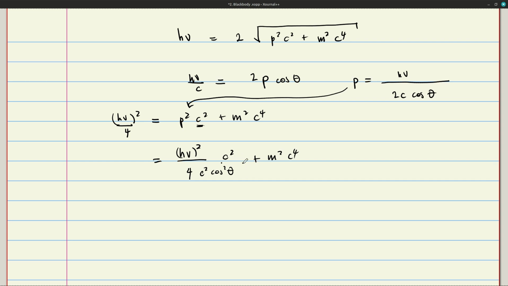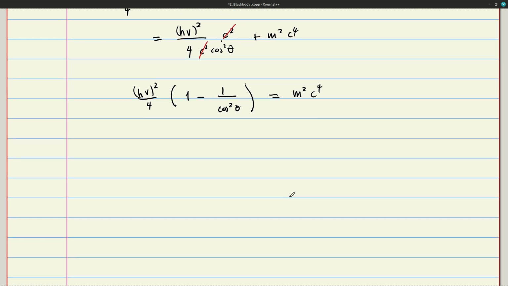So cancel that with that. And I'm going to take this thing to the left hand side and take the inside the parenthesis of h nu squared over 4. There is 1 minus 1 over cosine squared theta, which is equal to m squared c to the 4.